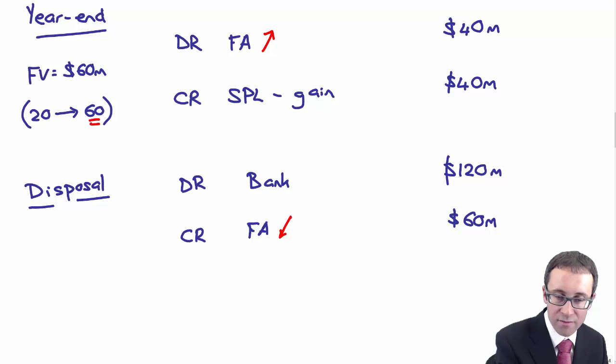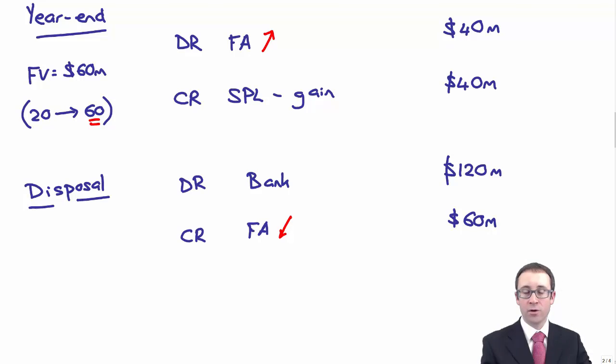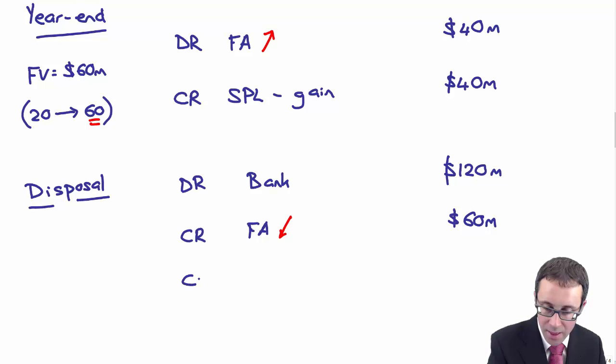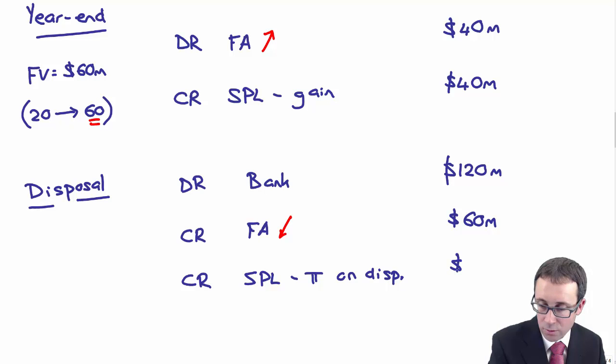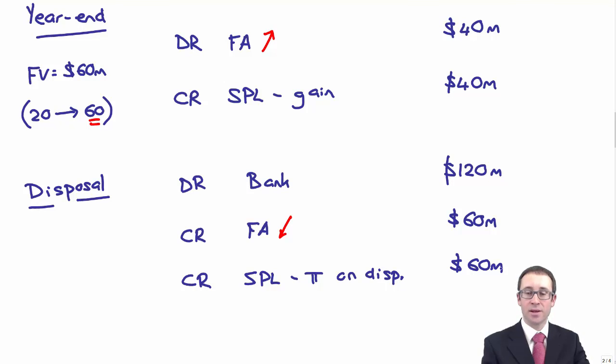Because the last time I fair valued it, we fair valued it up to 60. And then the balancing figure is the statement of profit or loss. That's, if you like, a profit on disposal, which is there as the 60 million. That's it. It can't get any more difficult than that, because that is testing all of the rules that we know. Okay.